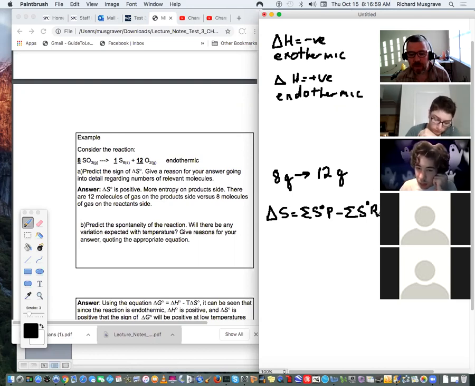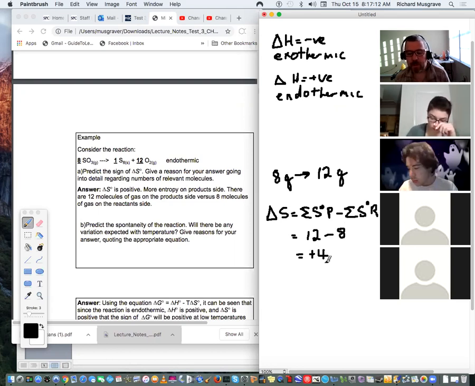That's going to be our standard equation for entropy. And you can see here that if we did just a simple math here and said 12 minus 8, then we'd end up with positive 4. So what that tells us is that there's more entropy on the product side than there is the reactant side. And that's really all I want you to get here. So more entropy on product side.